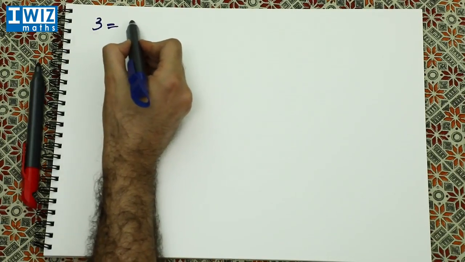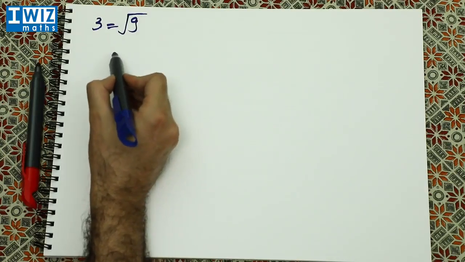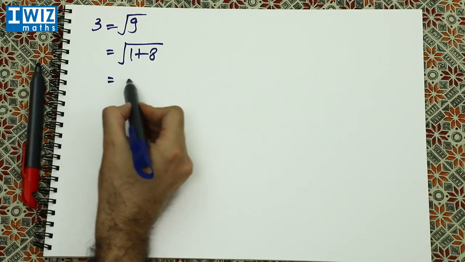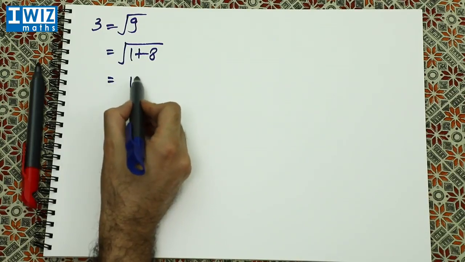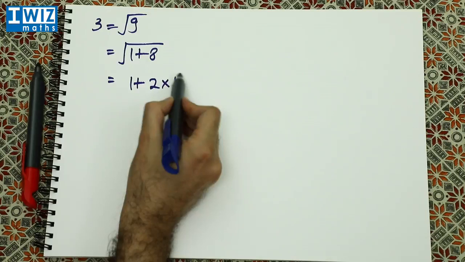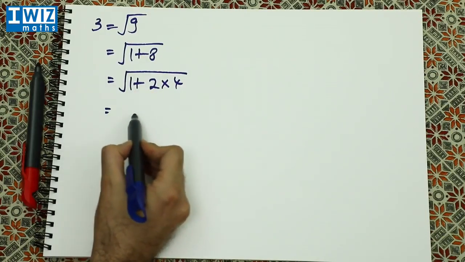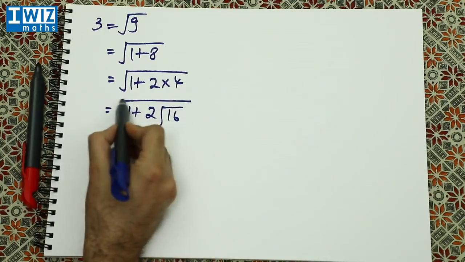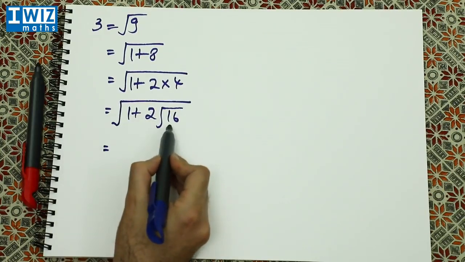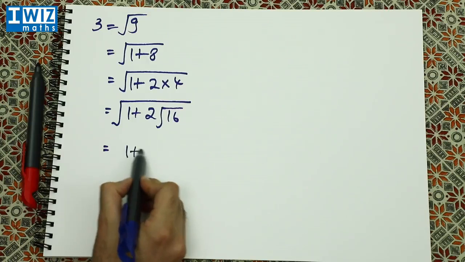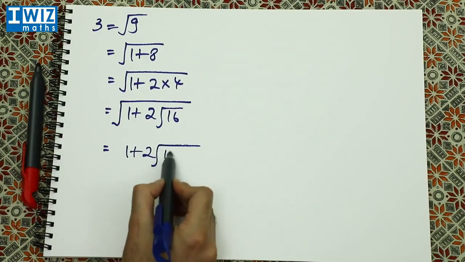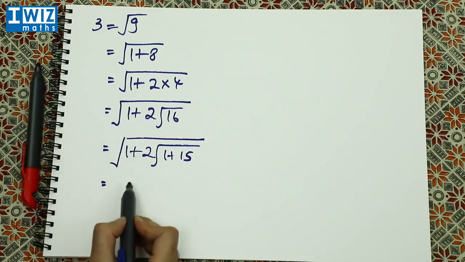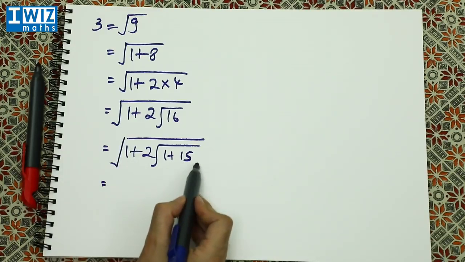So 3 is just the square root of 9. 9 is 1 plus 8. 8 is 2 times 4. 4 is just the square root of 16. 16 is 1 plus 15, and 15 is 5 times 3.